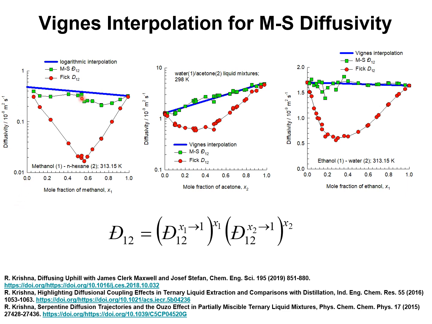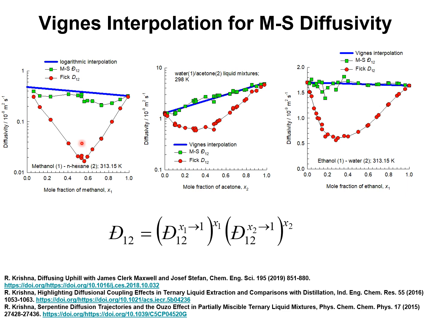So if you want to estimate the Fick diffusivity, we start with these infinite dilution values, and using the logarithmic interpolation formula, we estimate first the Maxwell-Stefan diffusivity, and then correcting the Maxwell-Stefan diffusivity for the thermodynamic correction factor, we arrive at the Fick diffusivity at that desired composition.